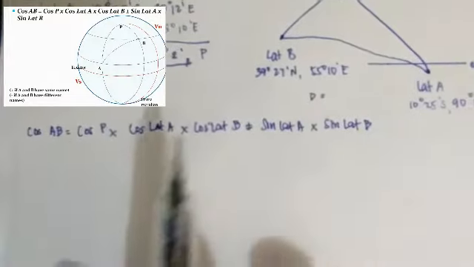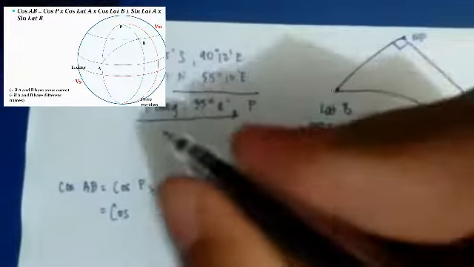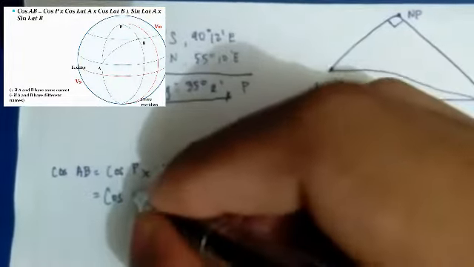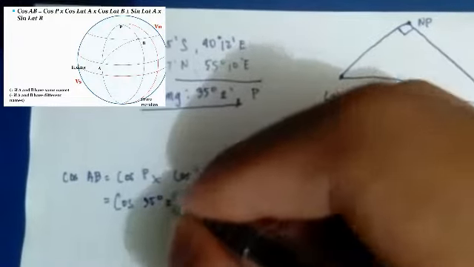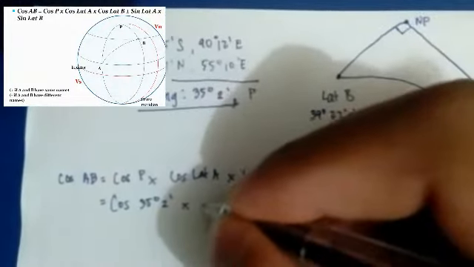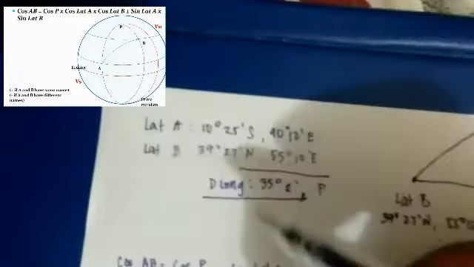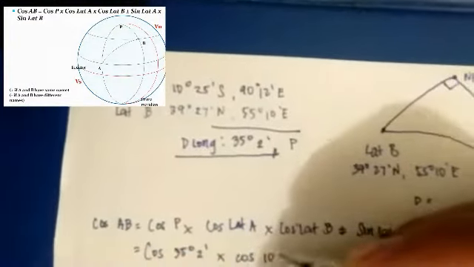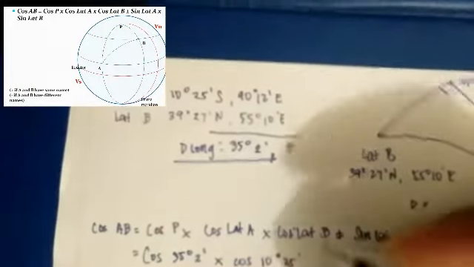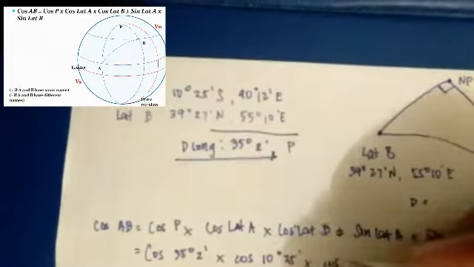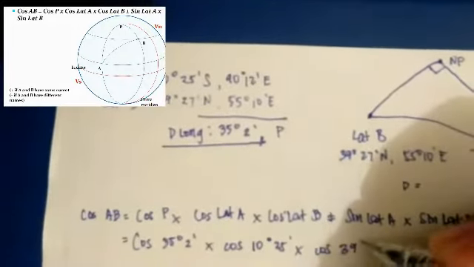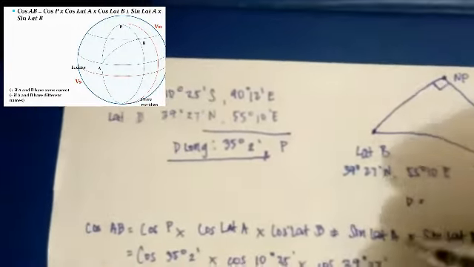Since we already have our formula, we need to input the values. Cos P, which is our d long, we substitute 35 degrees and 2 minutes, times cos latitude A, which is 10 degrees and 25 minutes, times cos latitude B, which is 39 degrees and 27 minutes.